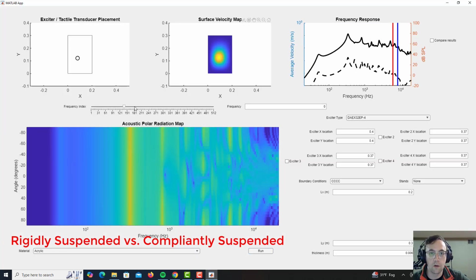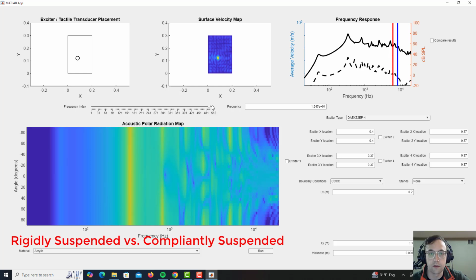So one of the things about this mode is that the excursion pattern is pretty narrow in space relative to the free edges or the simply supported edges, compliantly suspended edges, Parts Express would call it.